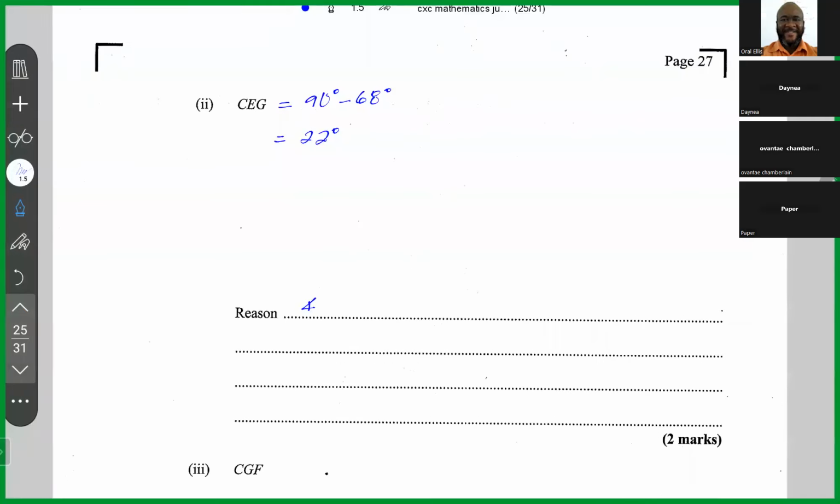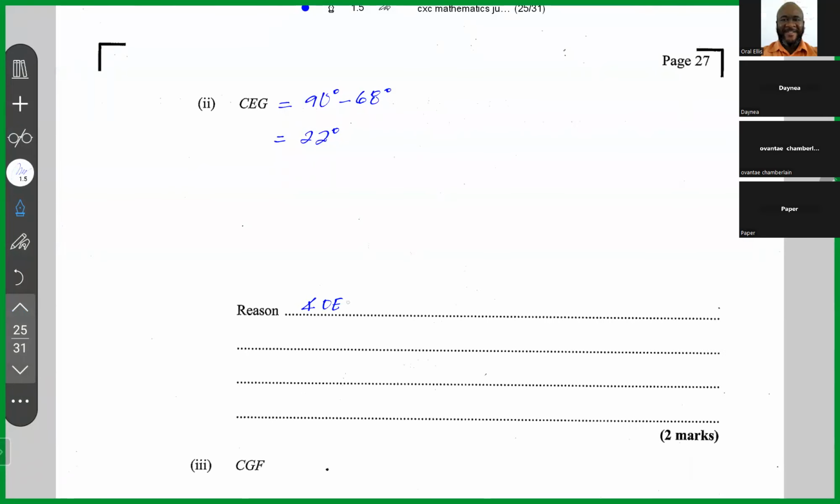And I'm going to tell him the reason for that is that angle OEA is equal to 90 degrees. Why? Because the radius at the point of contact is at right angles to the tangent.